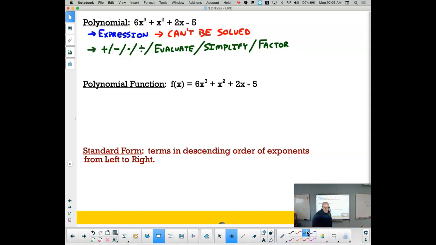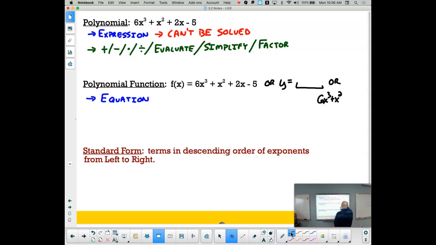Now, a polynomial function is an equation either written in function notation, f of x equals something, or it could be written as y equals something, or it could be just straight up written as like 6x cubed plus x squared equals negative 2x plus 5.